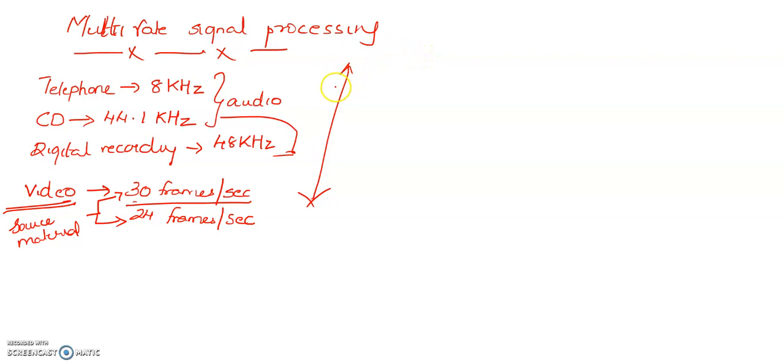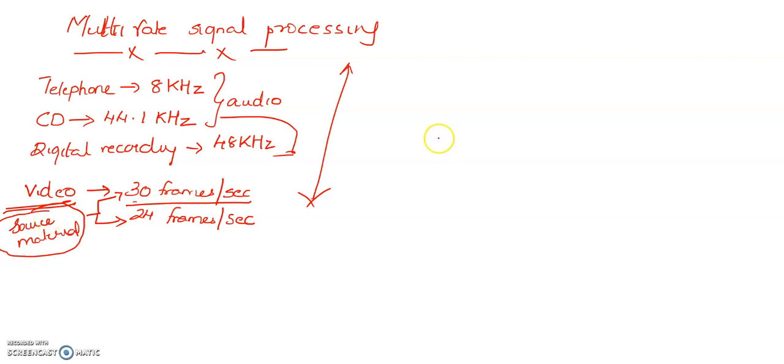As per this multi-rate signal processing, different applications require signals to be sampled at different rates, and hence you will have to modify a source signal to suit that particular application.